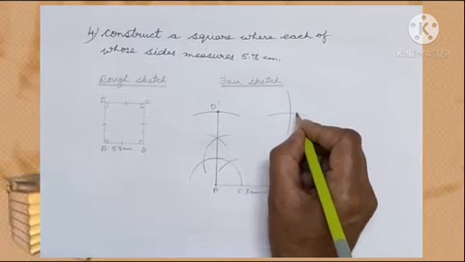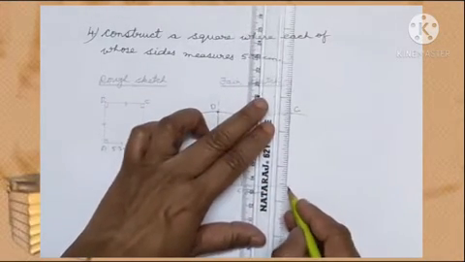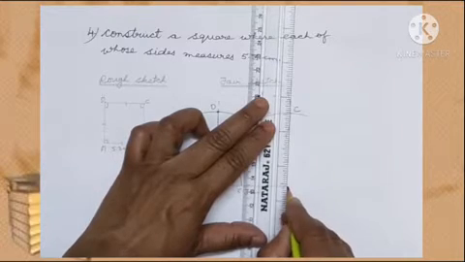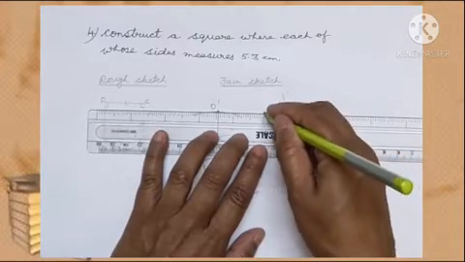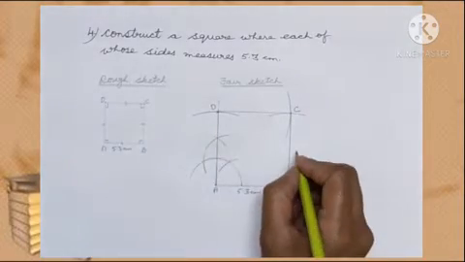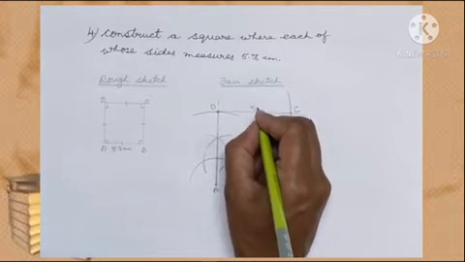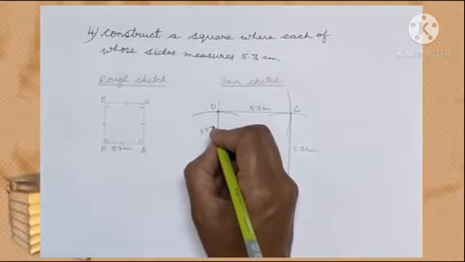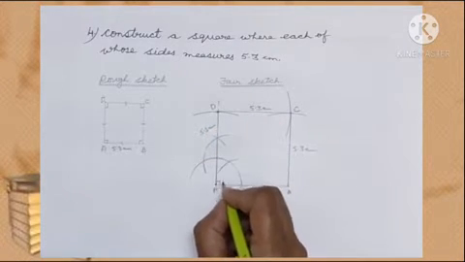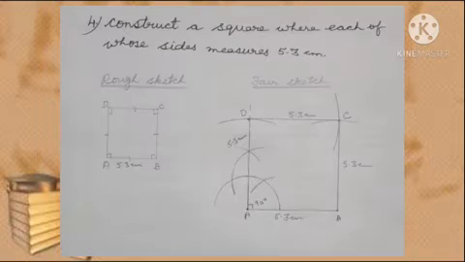We put a point C and join these points by ruler, BC and CD, and write the measurements: AB 5.3 cm, BC 5.3 cm, CD 5.3 cm, AD 5.3 cm, and all the angles are of 90 degrees. It is the required square.